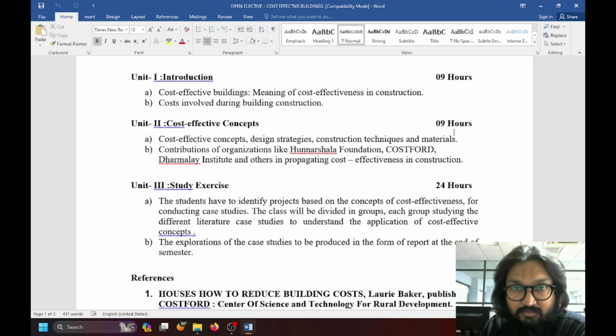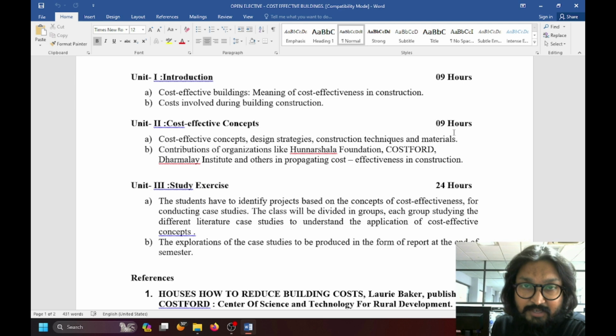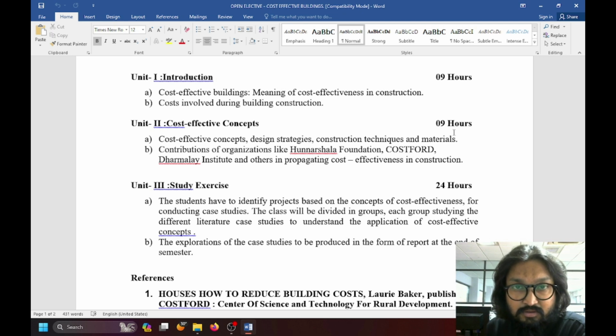So the first part of this elective will be exploring all these strategies, the strategies which are being employed by a lot of architects, by a lot of structural engineers, and by a lot of civil contractors in practice today, in order to experiment with having a control on the budget or making a project cost effective. So that will be followed in first part.